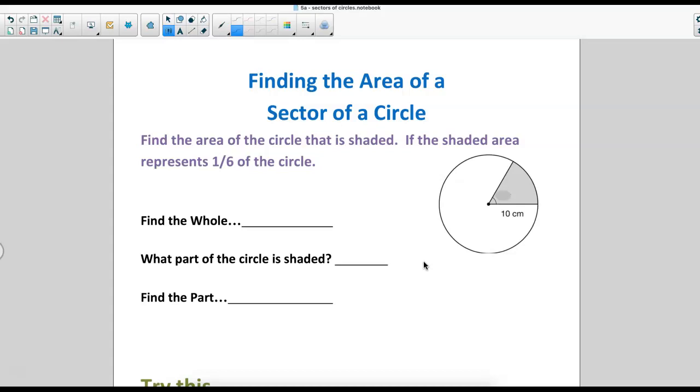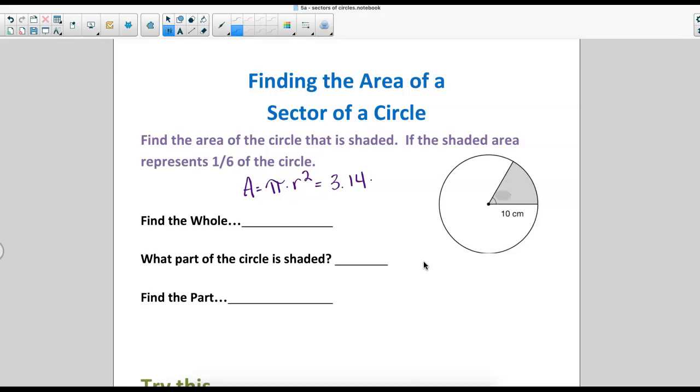Okay? So to find area, what do we do? How do we find the area of a circle? Sydney. Area equals pi times radius squared. 3.14 times, what's the radius?